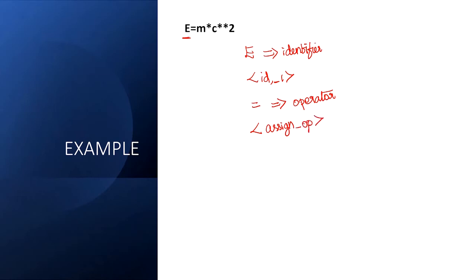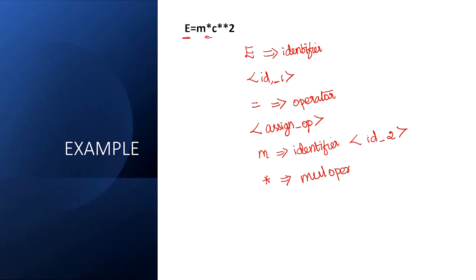Next we have M. M is an identifier, so for the identifier we represent the token as ID and 2, where 2 is a symbol table entry. Then we have the star asterisk symbol. This is a multiplication operator.